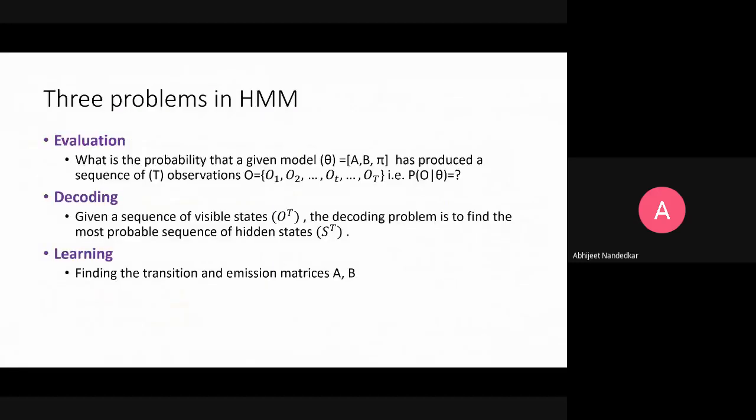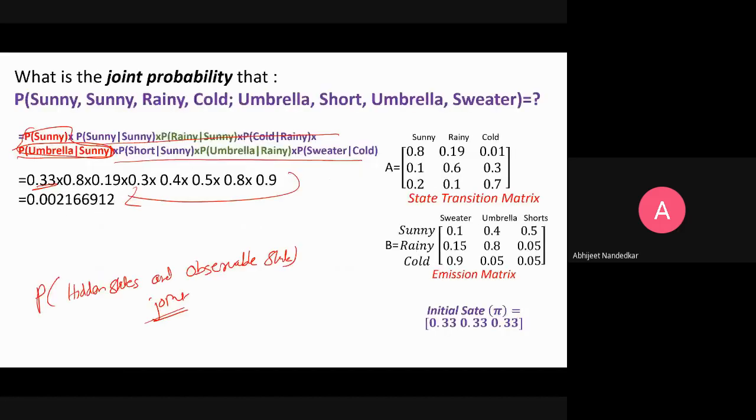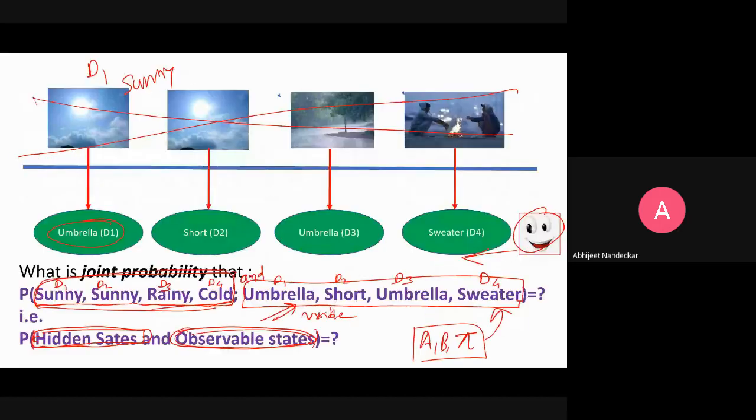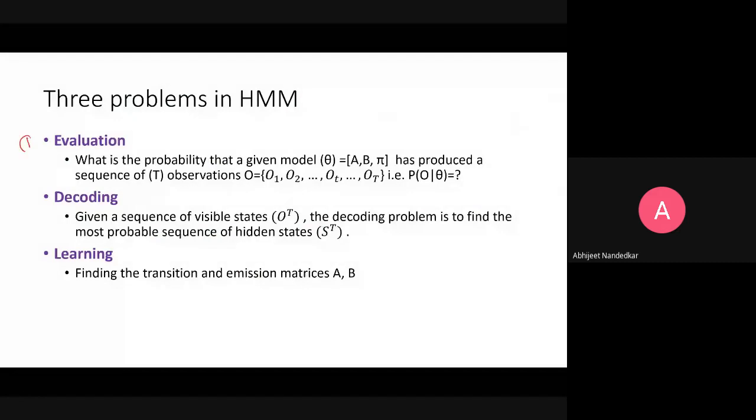Now that was the simple introduction. There are three problems that an HMM can handle. The first is called the evaluation problem. The second is called the decoding problem. And the third, which is the most important, is the learning problem.